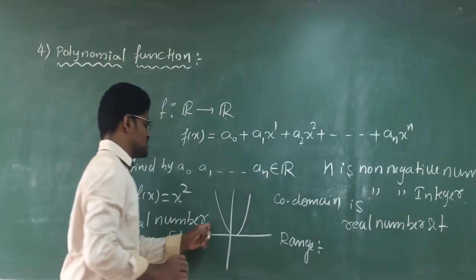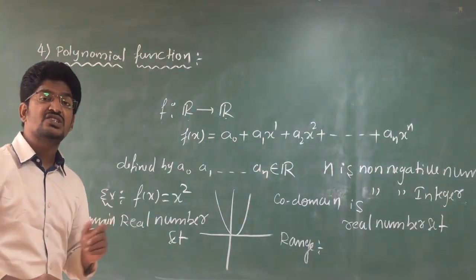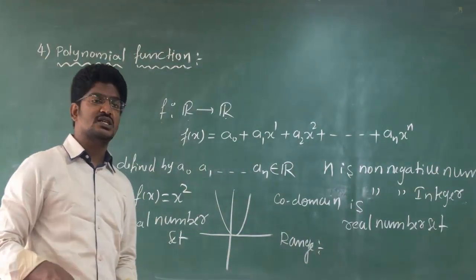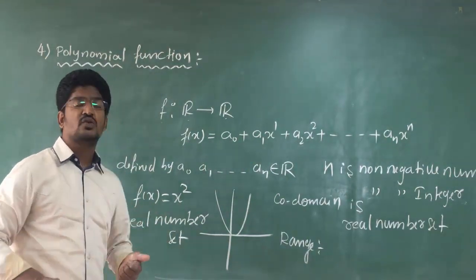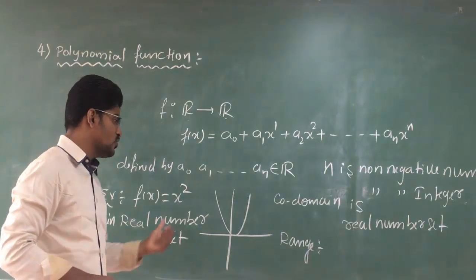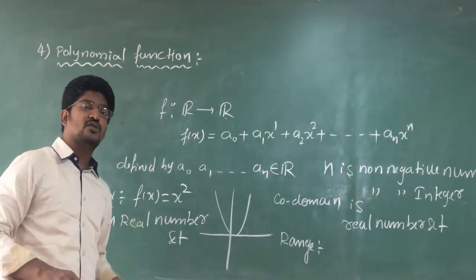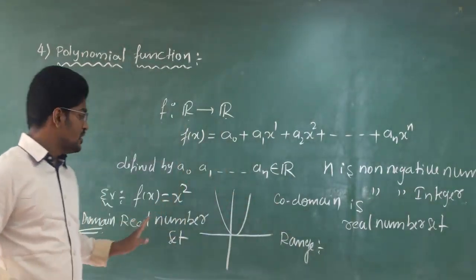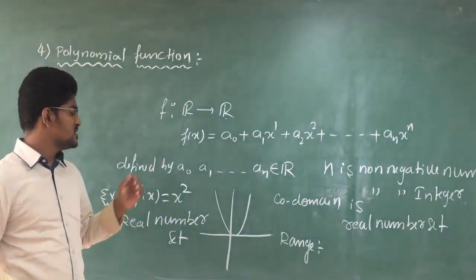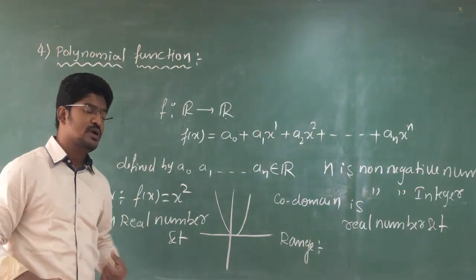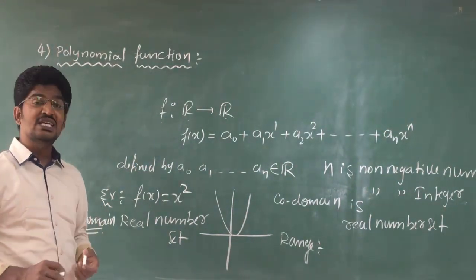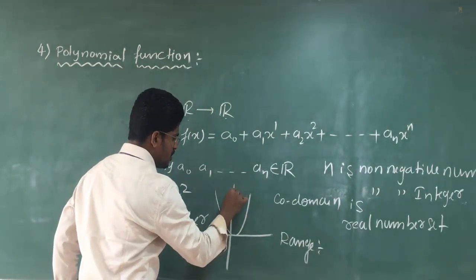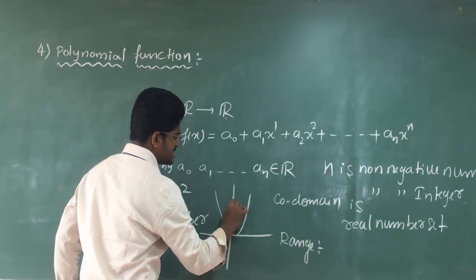Whenever you go through this type of function, range is very important, because if they ask you to write the domain, codomain and range of f of x equal to x square, there is no problem with domain and codomain. Both are the real number set, because this is a real valued function. But what is the range? See, the function is only upwards on the positive x axis.